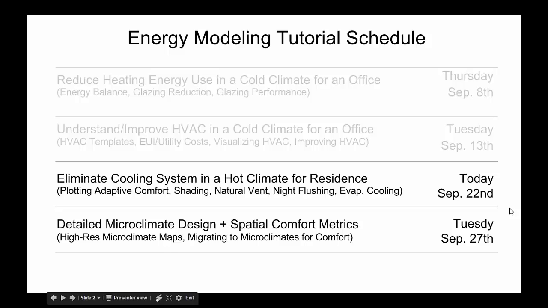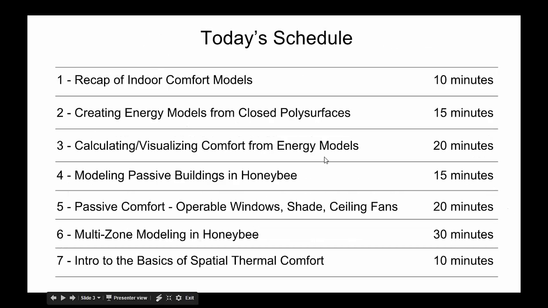So, with that, I'm going to dive into today's schedule. As I said, we've got a lot on the menu here. I'm going to start off with a brief recap of indoor comfort models, because I mentioned them all the way back in the Ladybug tutorials. I gave a brief history, and I'll reiterate that very quickly because I know some people have probably already seen it if they're following the whole series. Then we're going to create an energy model of a house just from closed polysurfaces.